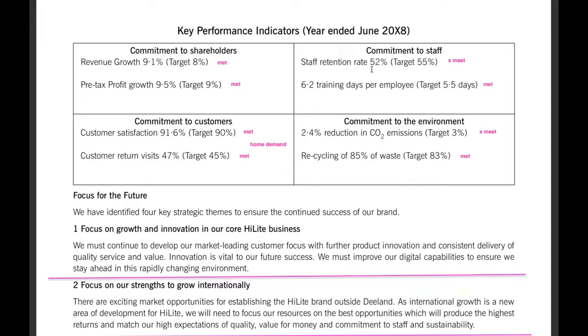So basically, when it comes to the performance indicators, this highlight actually met most of its targets except for two. It's quite difficult for them to meet the target for staff retention.